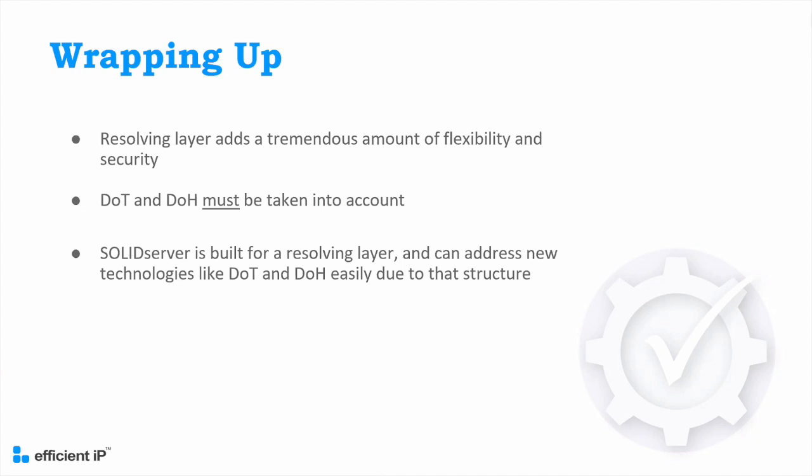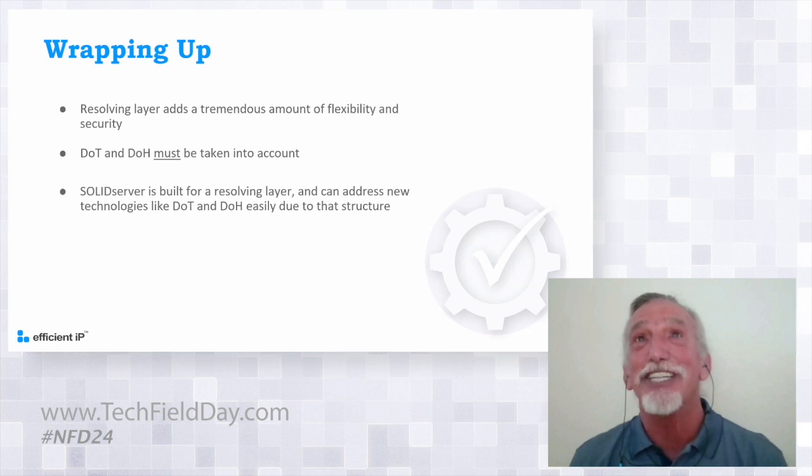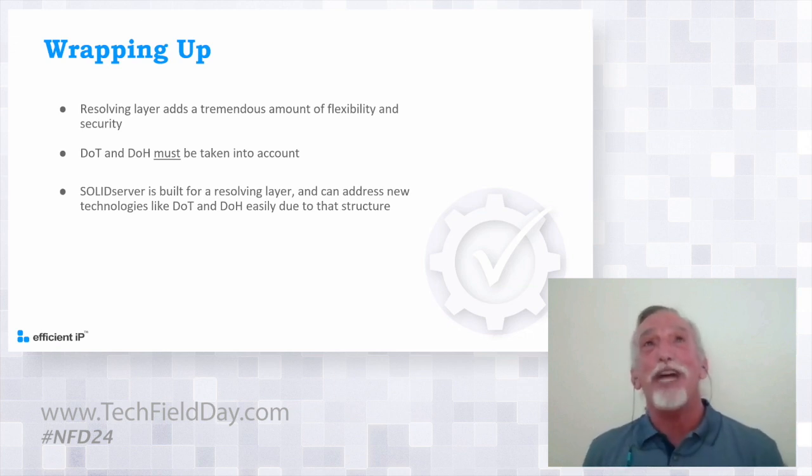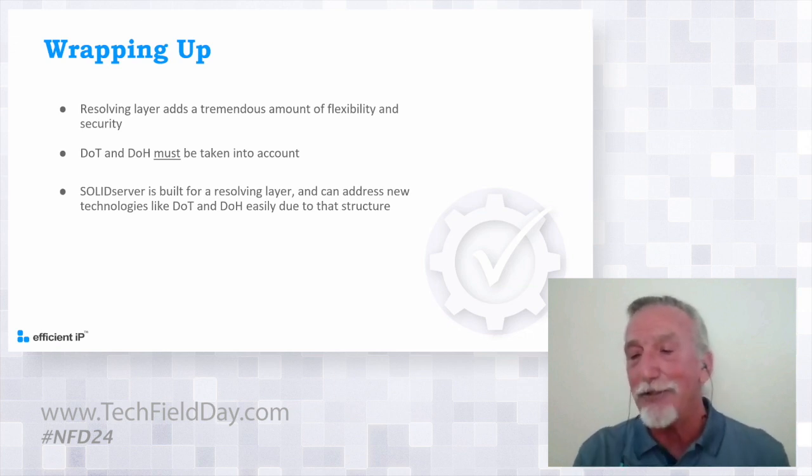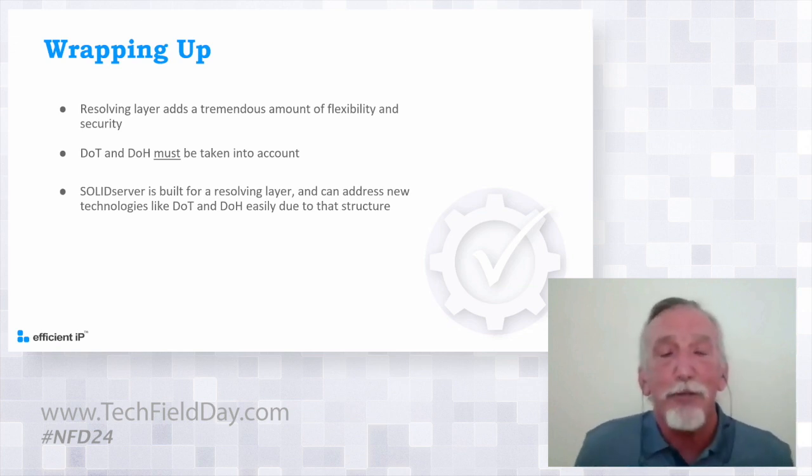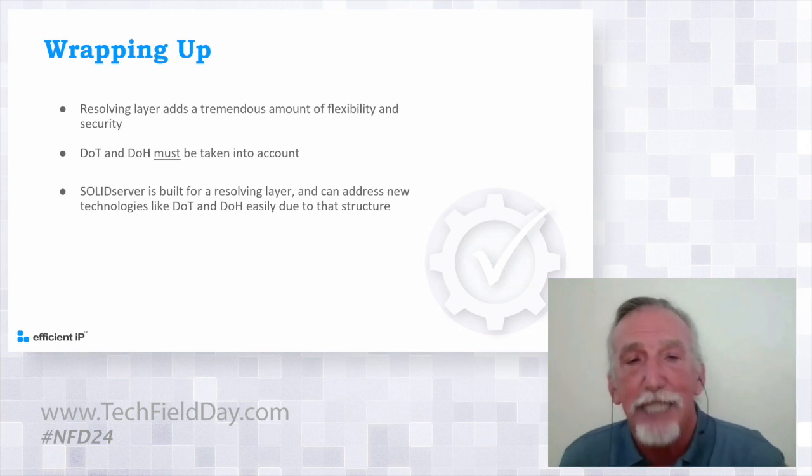And the reason that you definitely want to look at us, EfficientIP, and the SOLIDserver architecture, is that we've been building our products based on a resolving layer for more than a while now. Our roots came from the ISPs, and we've brought that kind of ISP functionality into an enterprise at a very good price point.